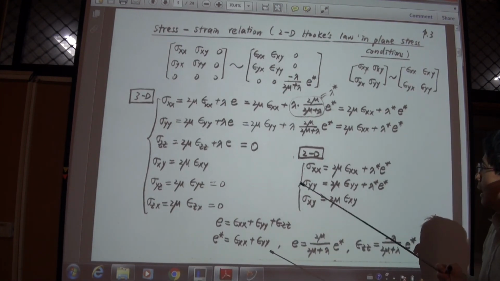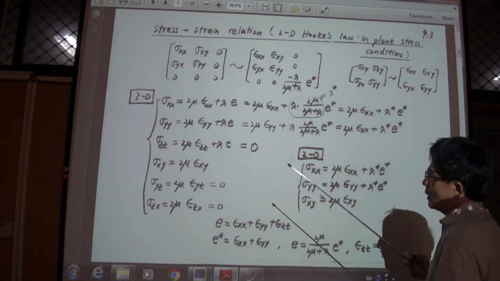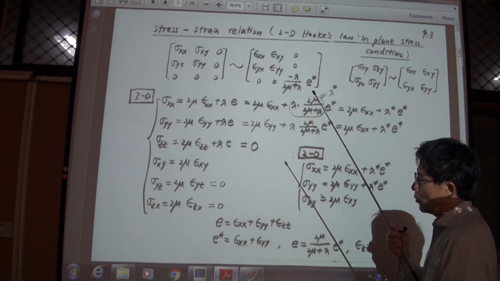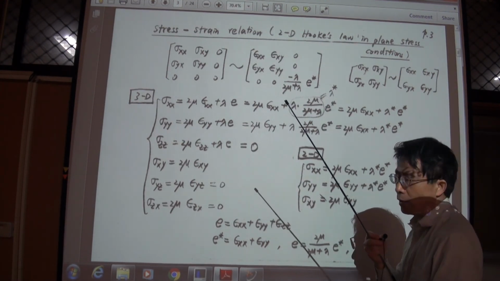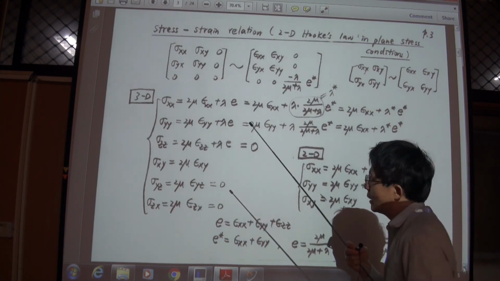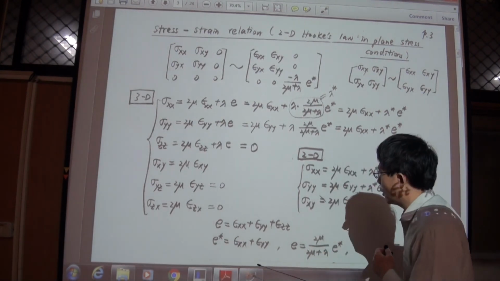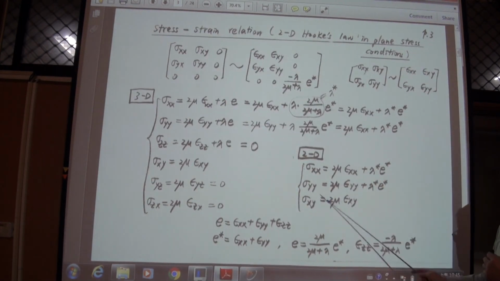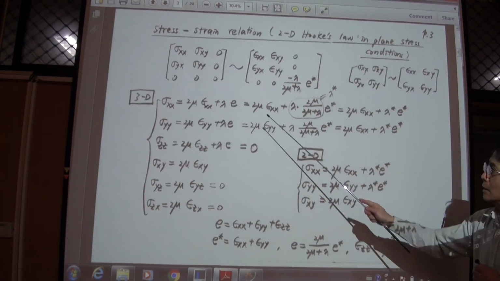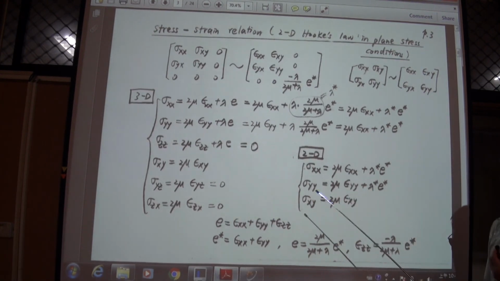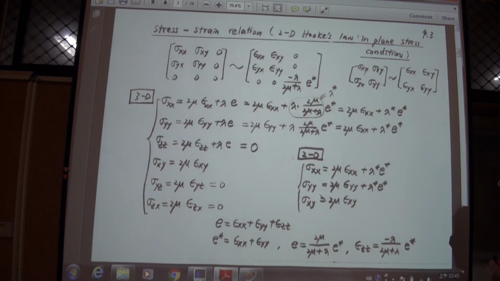So we can memorize such relations very easily. If you can memorize the three-dimensional case, of course you won't miss the two-dimensional case, because this one and this one just look the same.